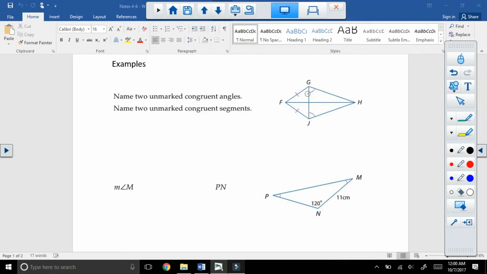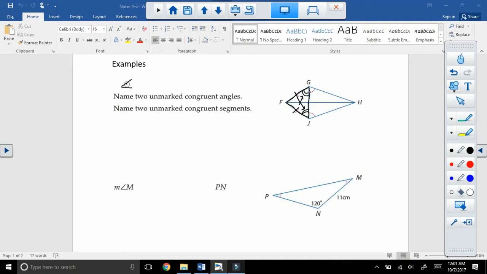If I'm looking at this triangle here, do you see that I have two sides that are congruent? You need to look to the angles that are opposite those sides. It might help to draw arrows on there. These would be the angles that are congruent.